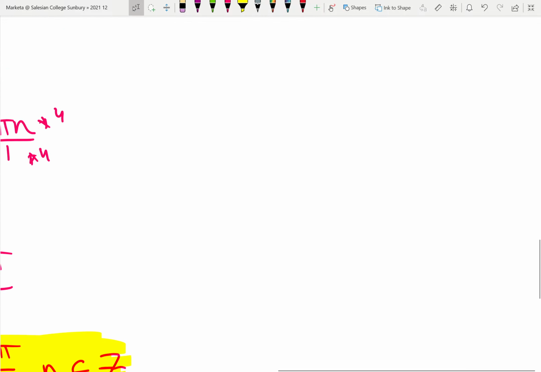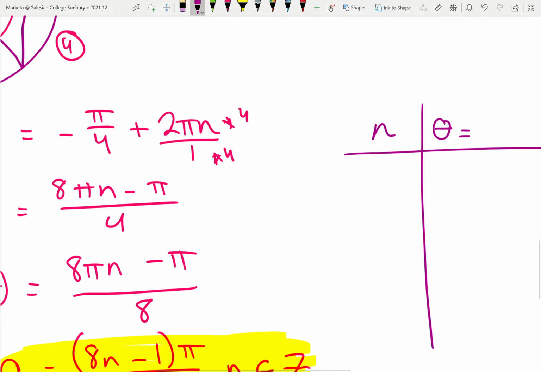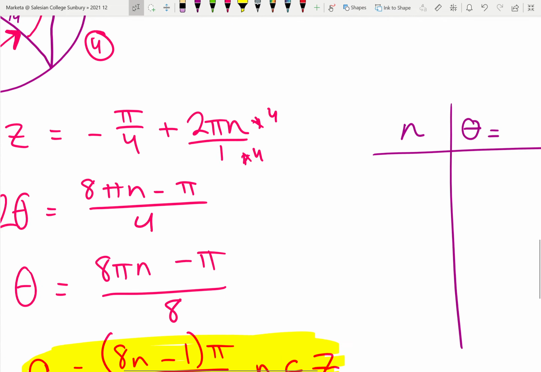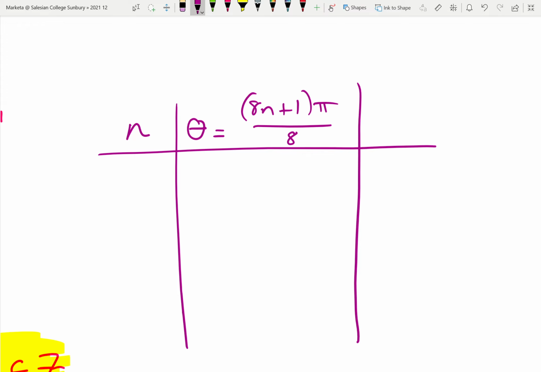I like to set up a little table, and I've got values for n, and then I've got my two general solutions. So 8n plus 1 pi on 8, and 8n minus 1 pi on 8.